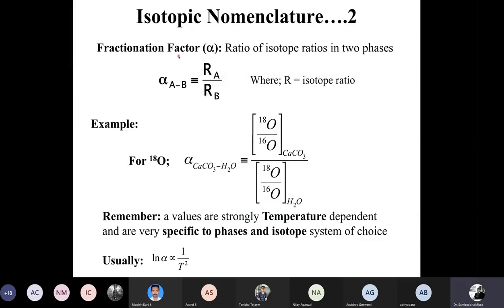Now, for every physical process or every chemical process, there is a fractionation associated with it. That fractionation is quantified by the fractionation factor.